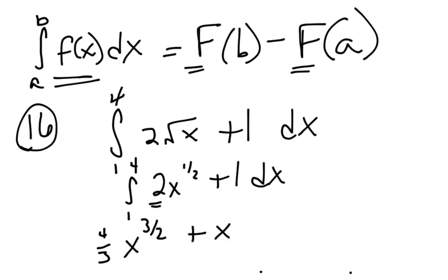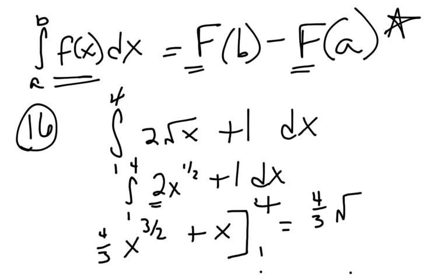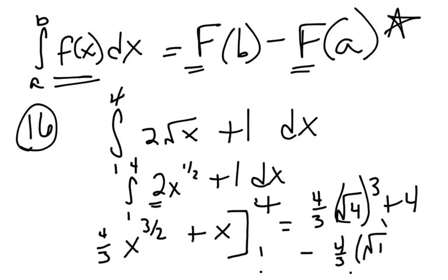Now we don't put a plus c on here when we're using the Fundamental Theorem of Calculus, and we're plugging in the 1 and the 4 to evaluate this. So we're going to say 4/3 of, this could be written as the square root of 4 cubed plus 4 minus 4/3 of the square root of 1 cubed plus 1.